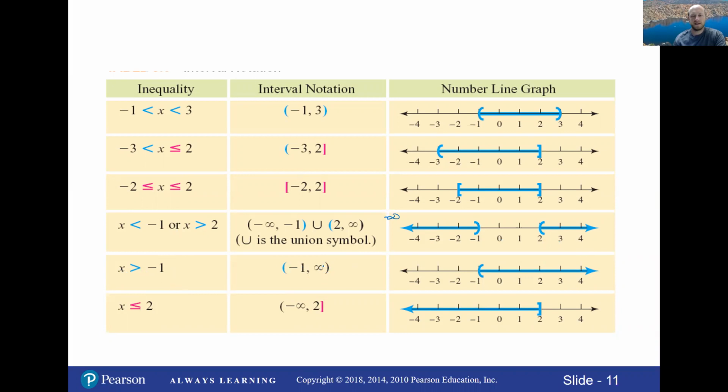We use a parenthesis next to the infinity because infinity never ends. We can't put a bracket around it because there's no last number of infinity. It just keeps going. It goes on forever. So we would do left parenthesis, an arrow to the right, just keeps on going.